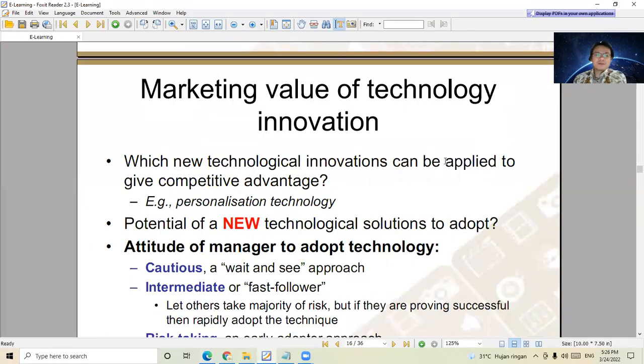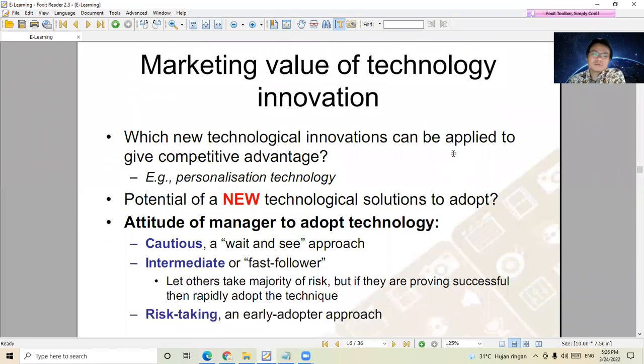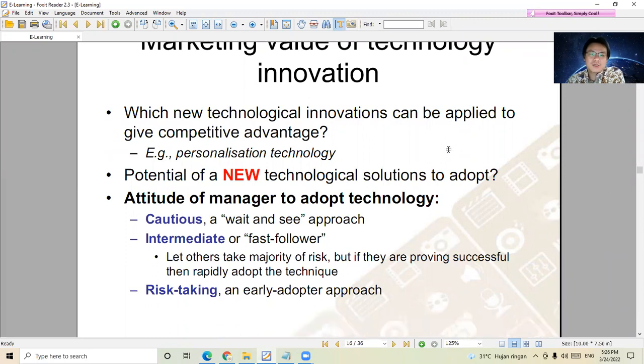Marketing value of technology innovations. Digital marketers should decide which technologies should be used. We have to carefully choose which technology can give us a competitive advantage. The key is this competitive advantage. We cannot just use technologies that don't bring us any competitive advantage.